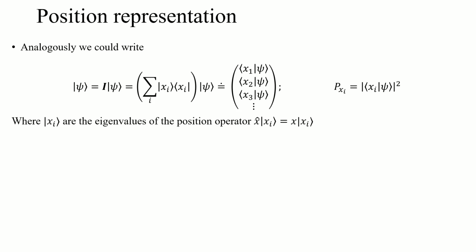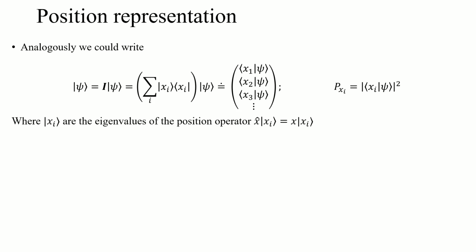If we take the completeness of that basis and replace the identity matrix with that, we can represent that as a column vector where we have x1, x2, x3, all the different possible positions, eigenvalues or eigenvectors times that state function in a column vector with the probability amplitudes and the probabilities of measuring that particle, say at a position xi, given by that probability amplitude squared, where xi are just the eigenvalues of the position operator.